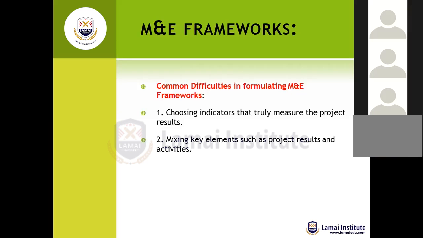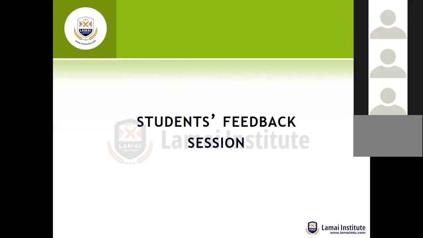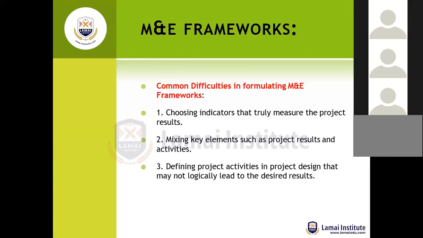And also some challenges can come up when we are trying to define project activities in the project design that may not logically lead to the desired results as expected. So they're easy to develop, but sometimes they can give us some of these challenges when you're trying to come up with the M&E framework as expected.